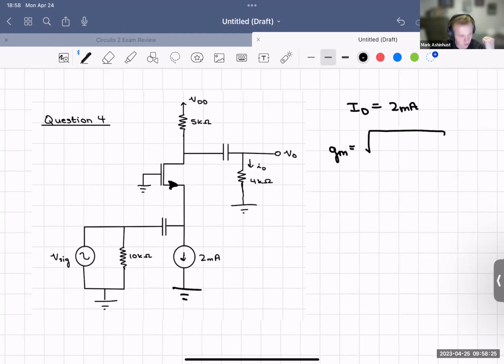Because remember the information that was given to us at the beginning with these questions. I'm pulling up the actual PDF instead of the circuit I drew. For all questions, beta is 100, Kn is 10 milliamps per volt squared.